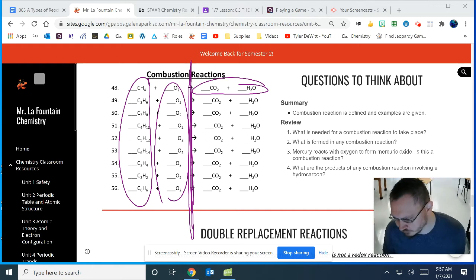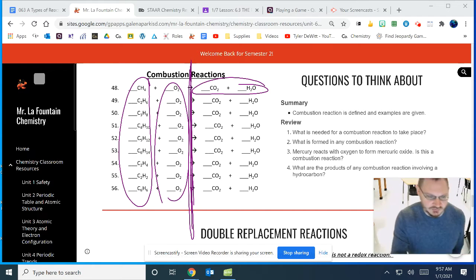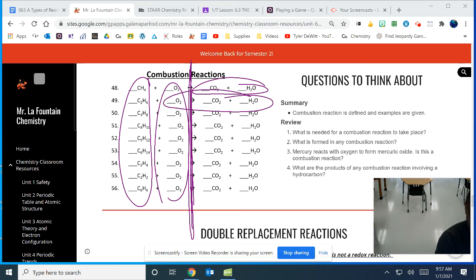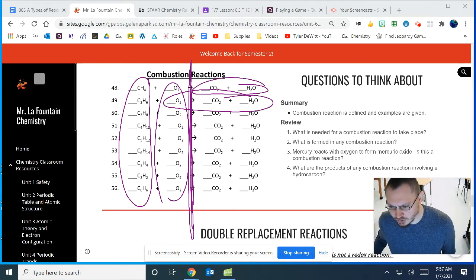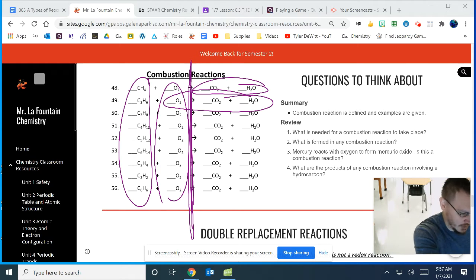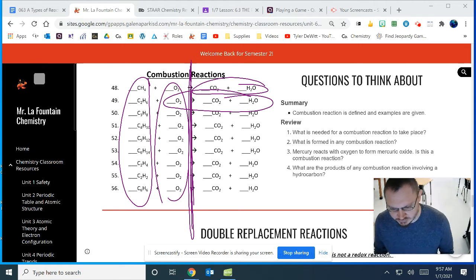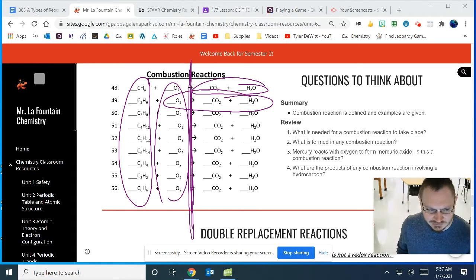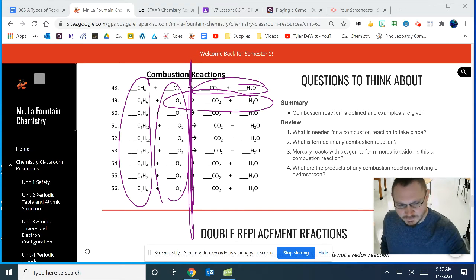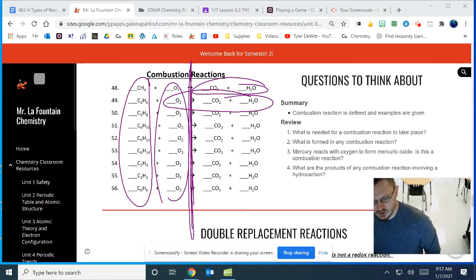And that's going to be true for each reaction. So I will always see these three compounds in a combustion reaction plus some type of hydrocarbon. All right, and these can be in different numbers here, different ratios of carbon to hydrogen, but these are going to be the same over here on the right side, to the right of that hydrocarbon. I'm always going to have oxygen in the reactants with it, and then it's always going to make carbon dioxide and water.